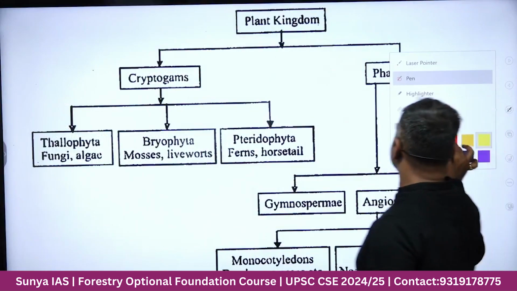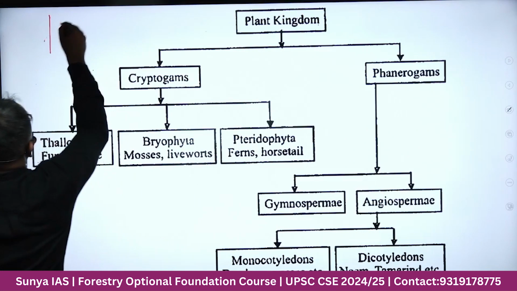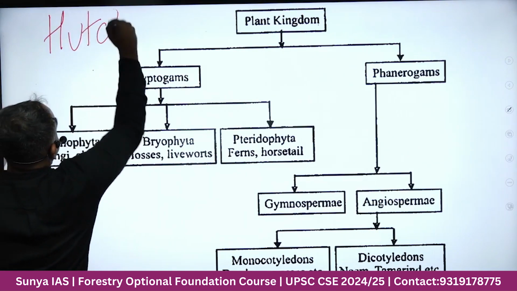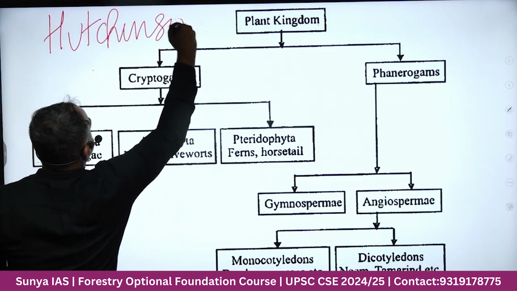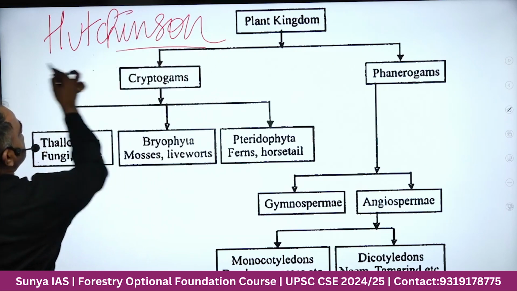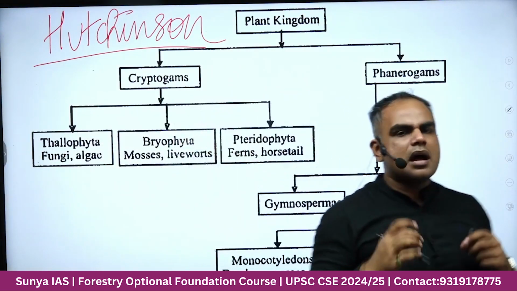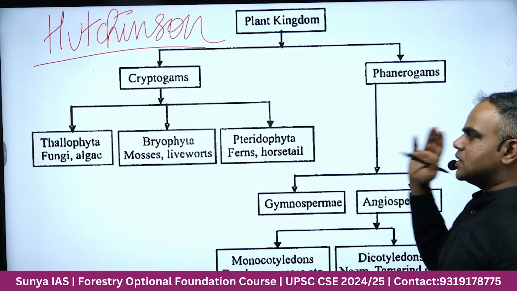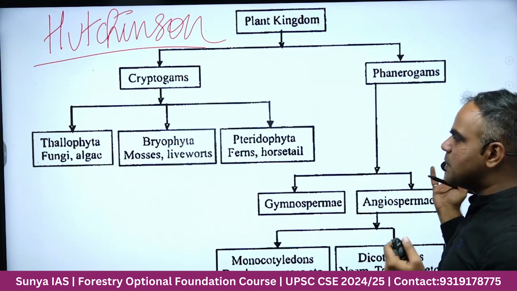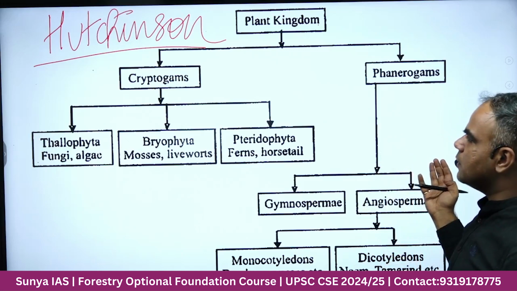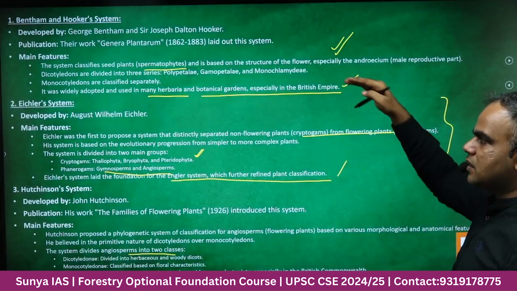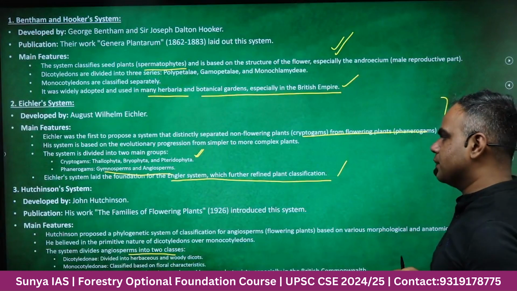Okay, I'll also write it here so that people don't get confused. This diagram can be drawn in Hutchinson system. So there are slight modifications which have happened. Again, the whole idea is to classify it better, so that people can understand this in a better manner. Okay, so this is how you can understand the different systems.